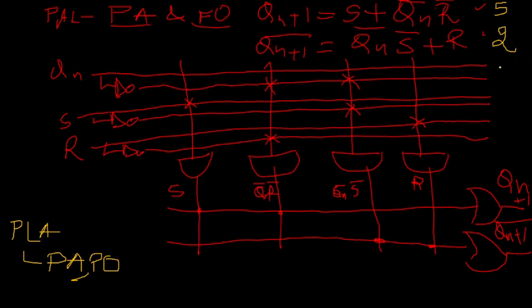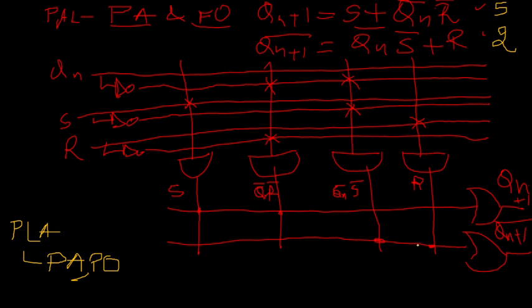What is the problem for PAL? Your AND gates for both outputs should be the same, equal to the higher number. So if 5 inputs are there, you will make 5 AND gates for this output and 5 AND gates for this output, and then you will fix the OR.